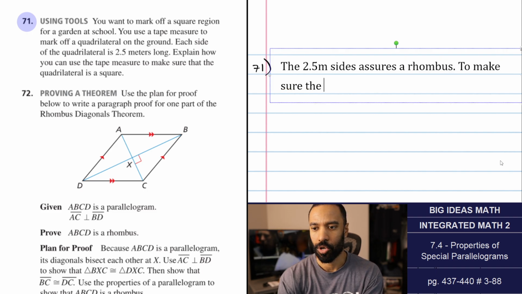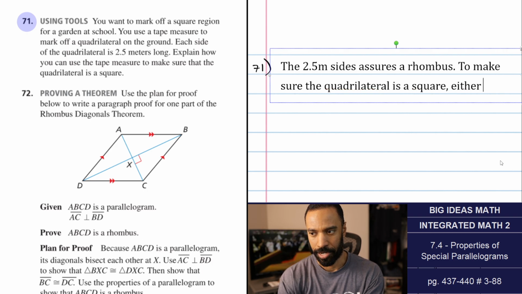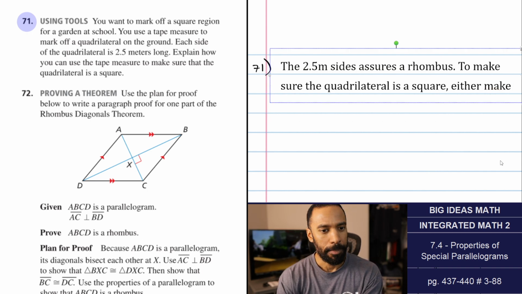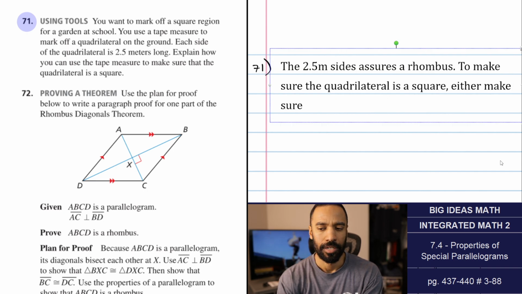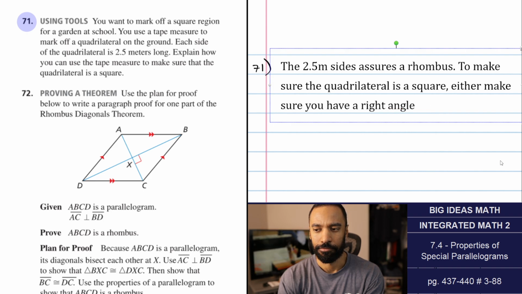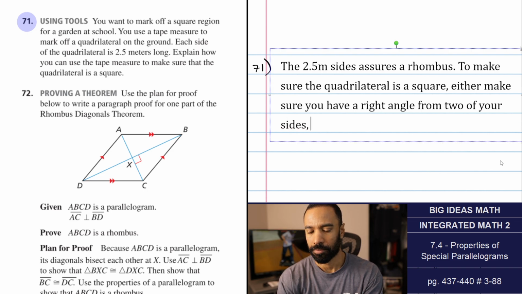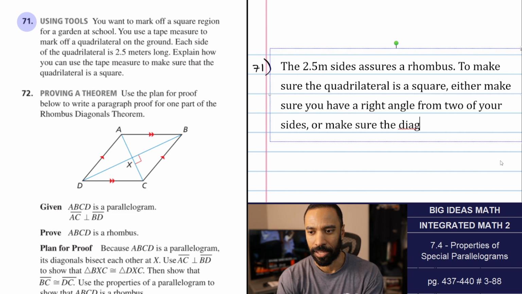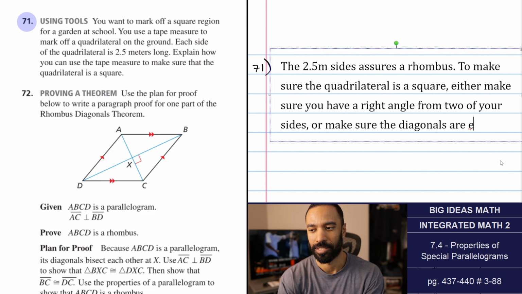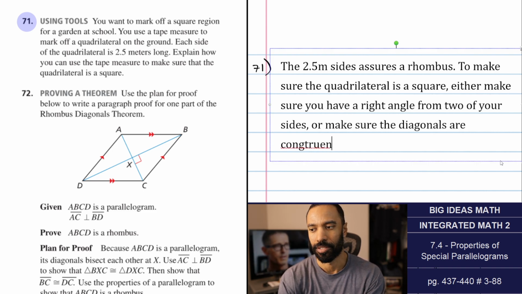To make sure the quadrilateral is a square, you have one of two things. Either make sure you have a right angle from two of your sides, because then all of them will be, or make sure the diagonals are congruent.